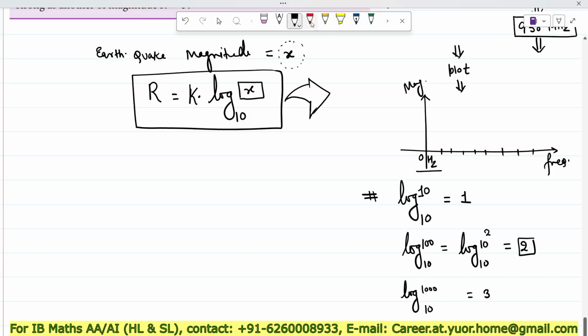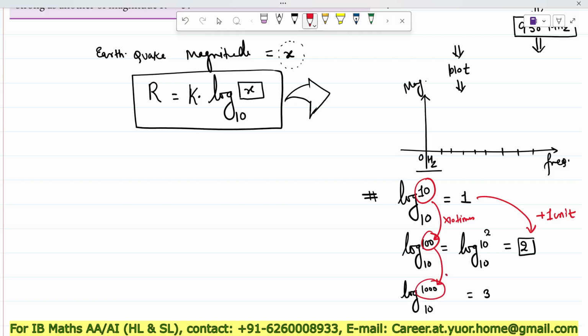So now please see, if your value gets 10 times, see, 10 to 100, it is 10 times. Your value increased by just 1 unit. It is not 2 times, it is just one increment. You can verify here.